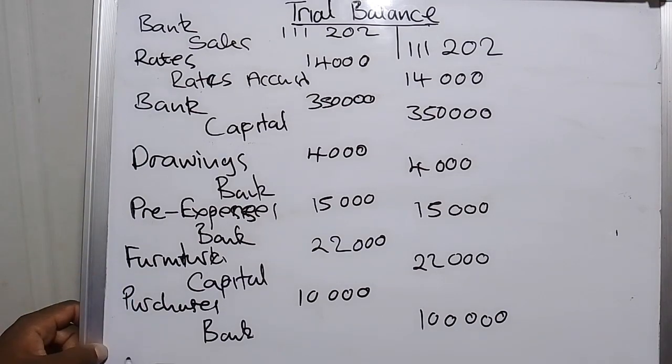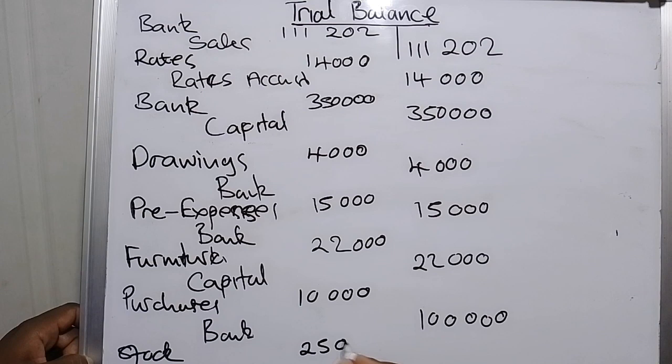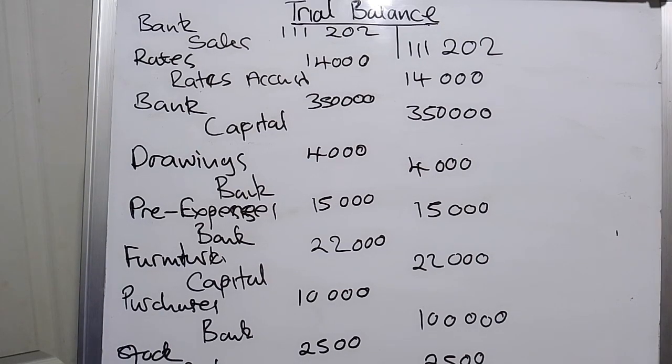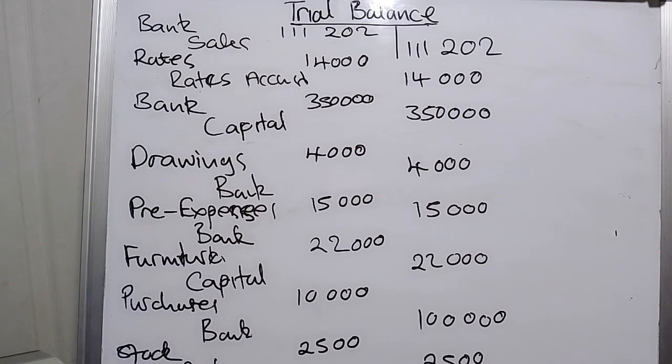So what we are going to do, we are going to debit closing stock with 25% of 10,000, which is 2,500, and also credit purchases with the same amount.